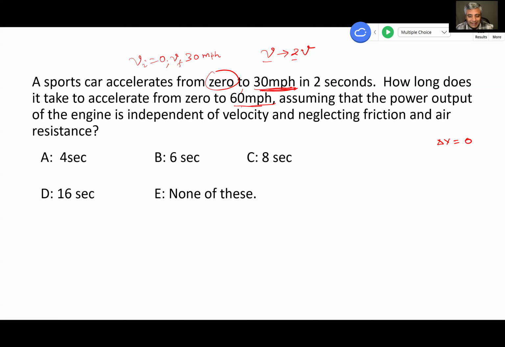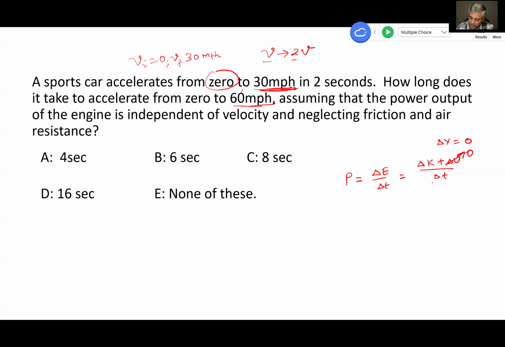So A is the incorrect answer. What is the correct answer? Well, let's figure it out. In this case, for power we use the same formula, change in energy over time interval, but the change in energy comes from change in kinetic and change in potential energy over time interval.